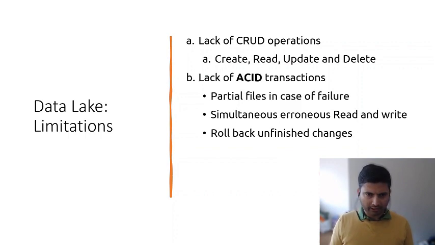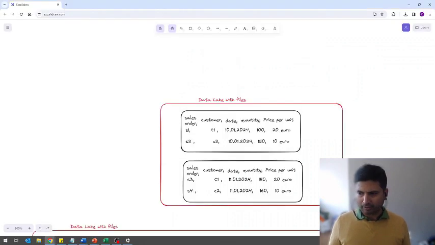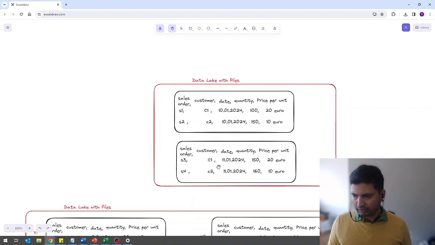Then there are the ACID transactions. Imagine you are loading the data all the time in terms of files. In our example, let's say you have file number one, which is for 10th January, and file number two, which is for 11th January. Imagine when we are loading the data into our system, we load these two files and one file fails.